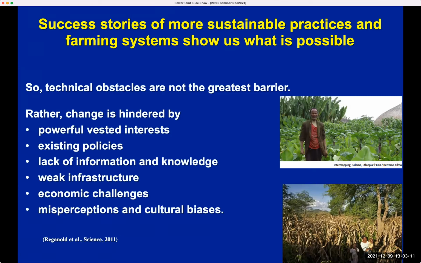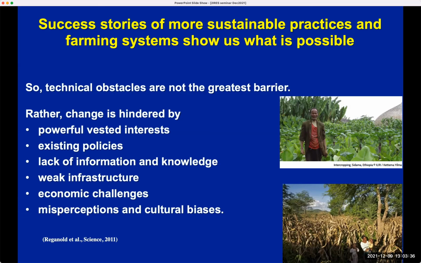It's powerful vested interests that control our food system. That's part of it. So for example, in the Midwest, most farmers are into this market of sowing corn and soybeans. Some of it goes to biofuel, some of it goes to high fructose corn syrup, and then the rest is animal feed. And they're more or less locked into it. The breakaway is very difficult.